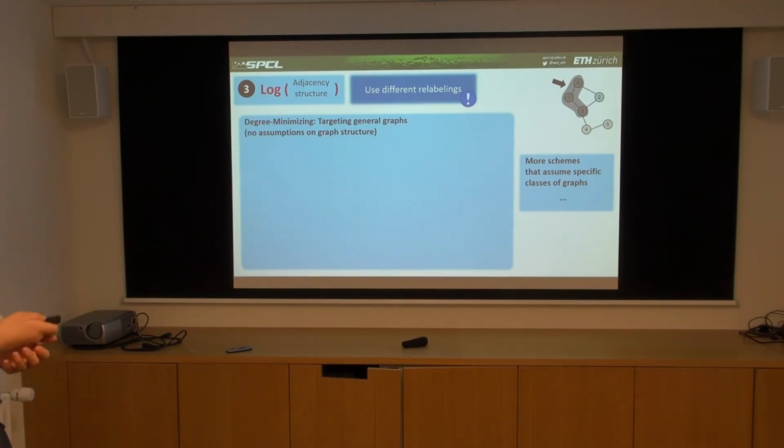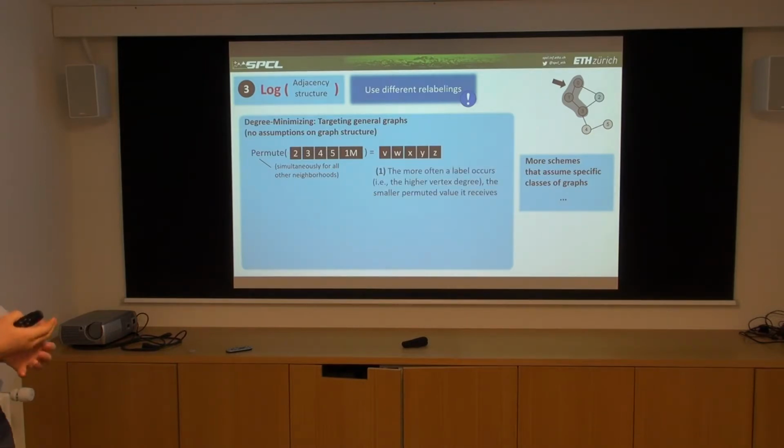So in the degree minimizing scheme, we first permute the vertex labels in such a way that the more often the label occurs, which corresponds directly to the higher vertex degree, the smaller permuted value it receives, because intuitively if the vertex has a high degree, then it's going to be visible more often in the whole representation.